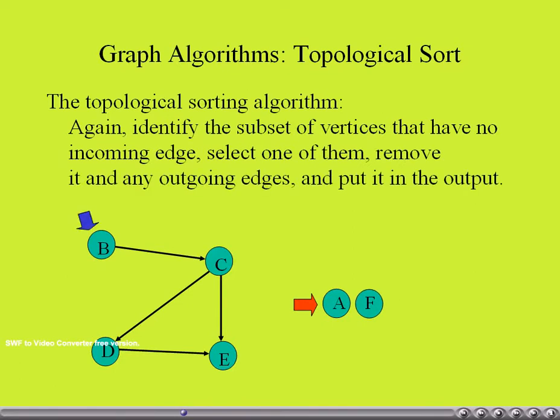Again, we have to select the vertex whose indegree is 0, that is, which doesn't have any incoming edges. Incidentally, B is such a vertex, so that will be selected. It will be kept in the output list, and then all the outgoing edges from this B will be removed.